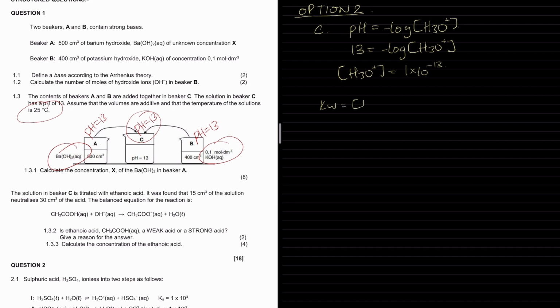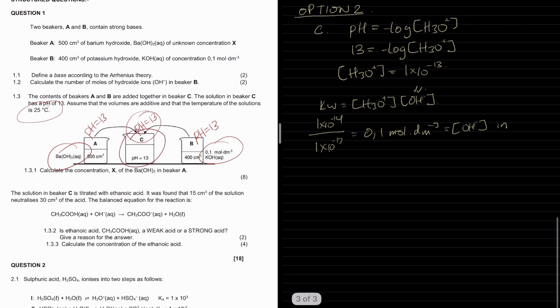Kw is equal to the concentration of H3O+ multiplied by the concentration of OH-. Then if I want the concentration of OH-, I'm going to do Kw, which is 1 times 10 to the negative 14, divided by the concentration of H3O+, which we worked out as 1 times 10 to the minus 13, and that gives me 0.1 moles per dm cubed, which is the concentration of OH- in the additive volume.